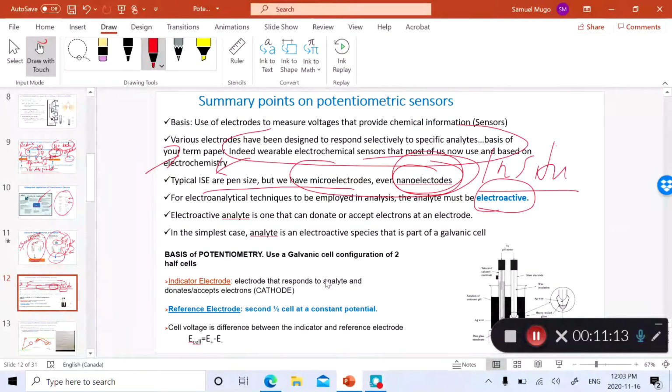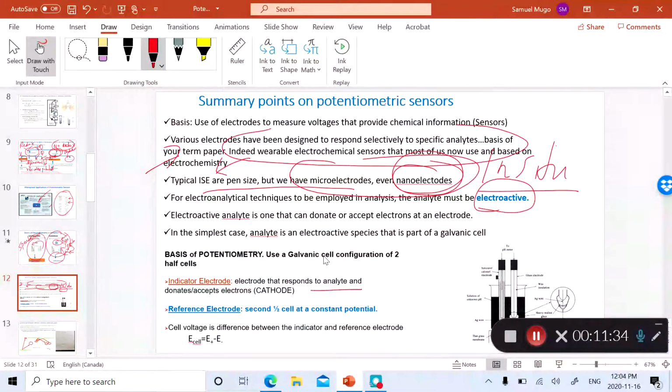Okay. Now, in terms of components, potentiometry consists of largely a two electrode system. Because like I said, the configuration is largely borrowed from the galvanic cell in either classical or non-classical potentiometry.